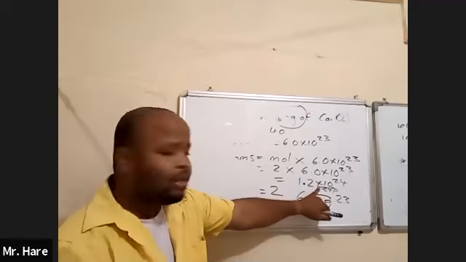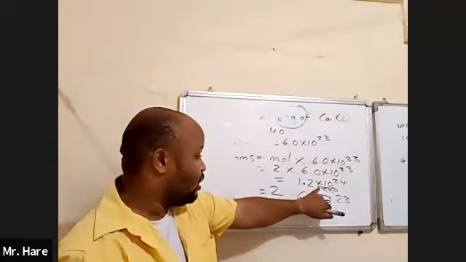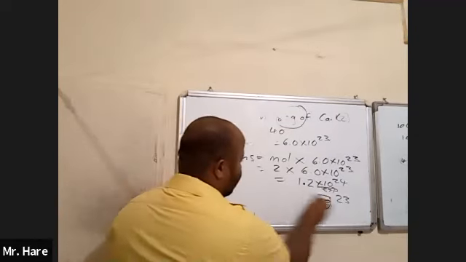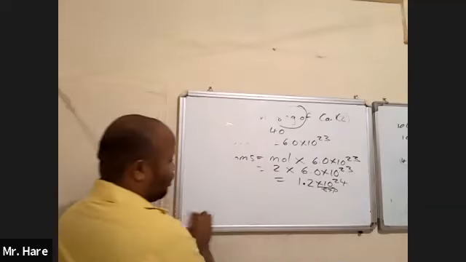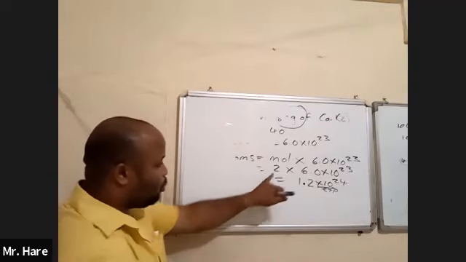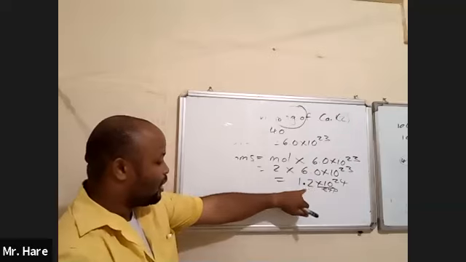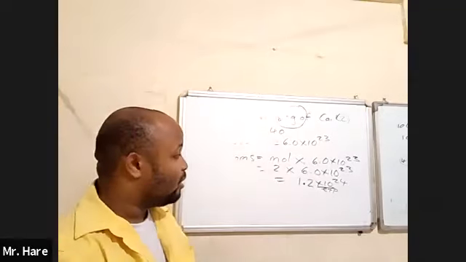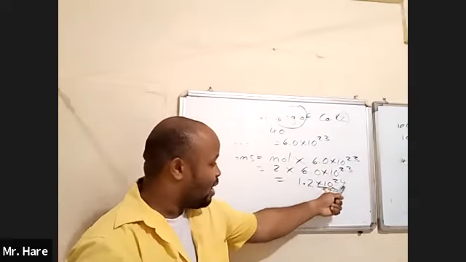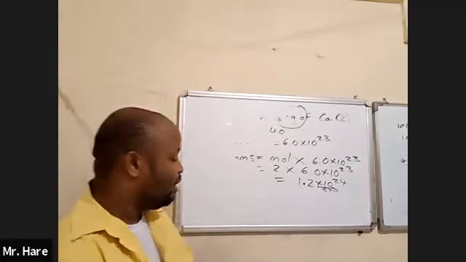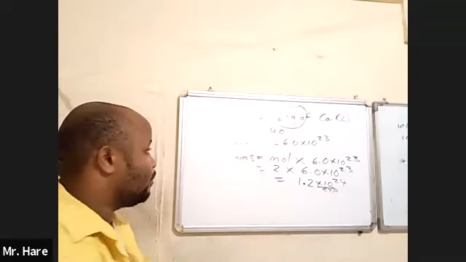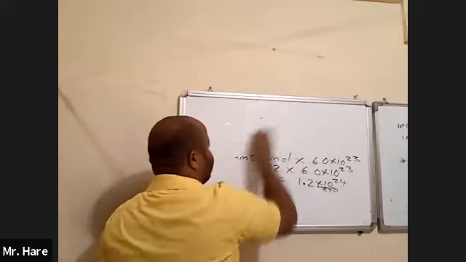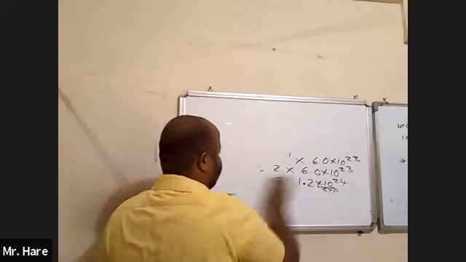This is the answer. So 2 times this gives us this as the answer. When you're doing this type of calculation, ensure you pay attention and write the power of ten as well, and not just 1.2. Okay, so next question.